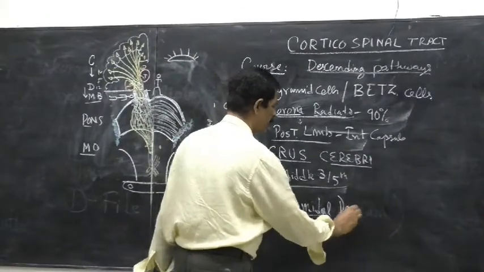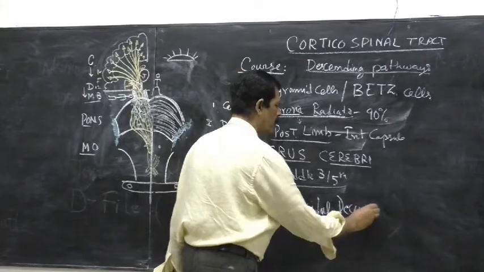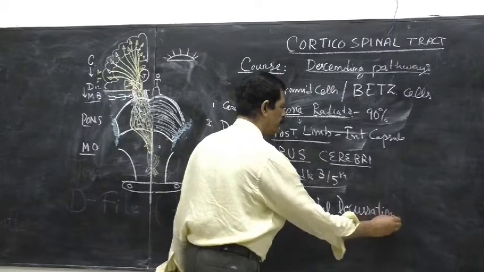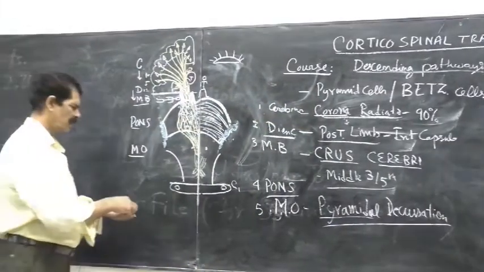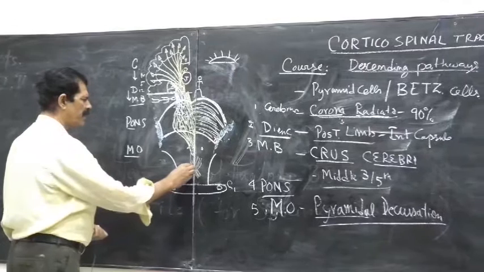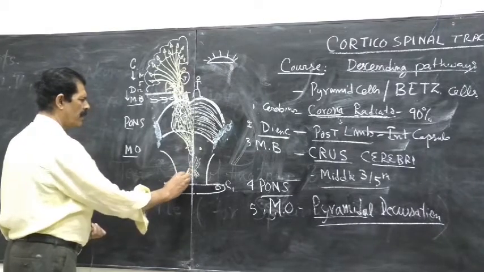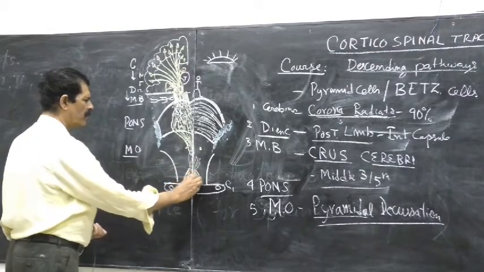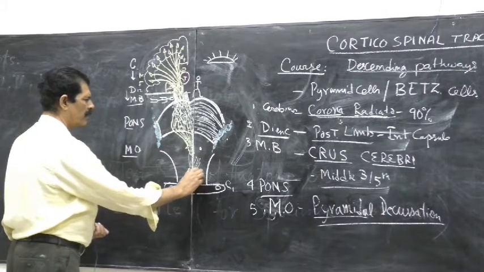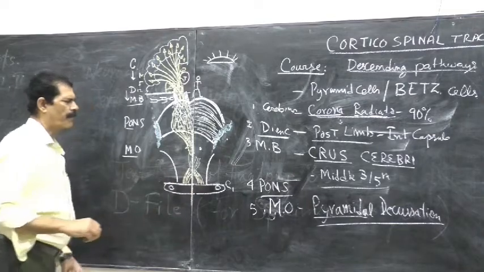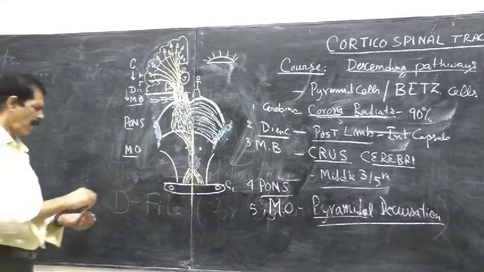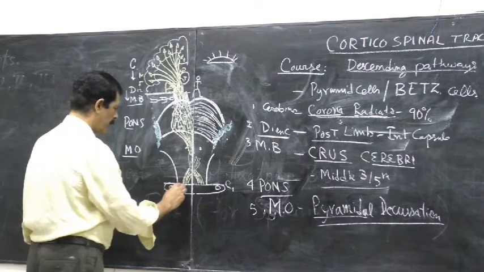Pyramidal decussation. While the rest, the 15% out of this 85% they cross and they descend down deep inside the medulla. Now they enter into the spinal cord.